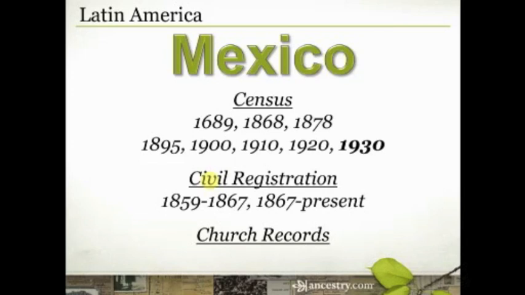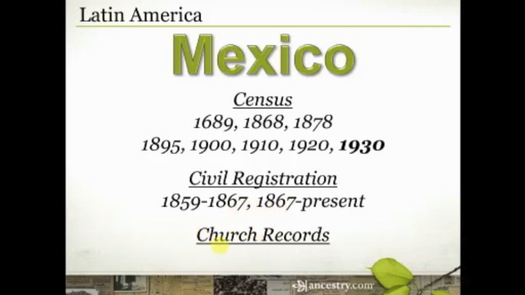So you may see groups of children christened together. So the church handles christening, where the government handles birth. Both record marriages, so there will be a marriage recorded in the church as well as in the civil registration after 1867. And then churches record burials.